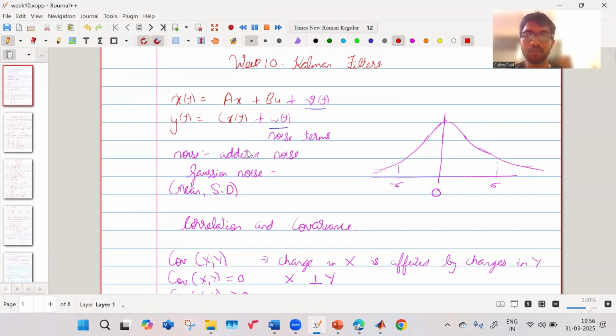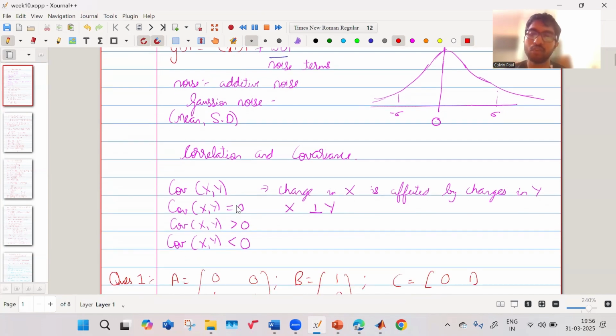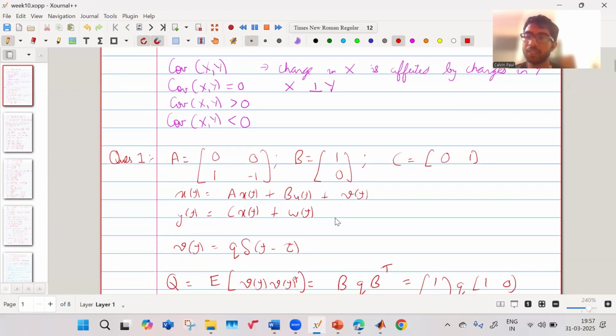It uses various mathematical statistics terms such as correlation, covariance, etc. We don't need to go much deeper into all that, but we considered a linear time invariant system which was affected by noise a little bit.